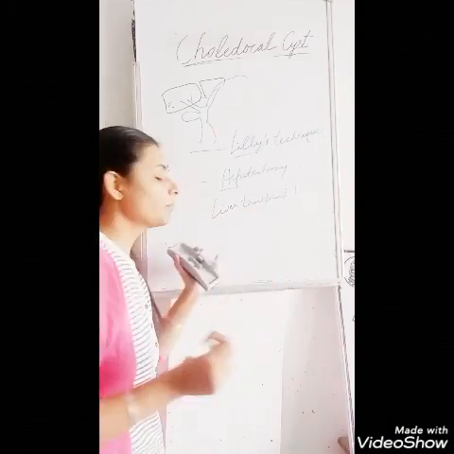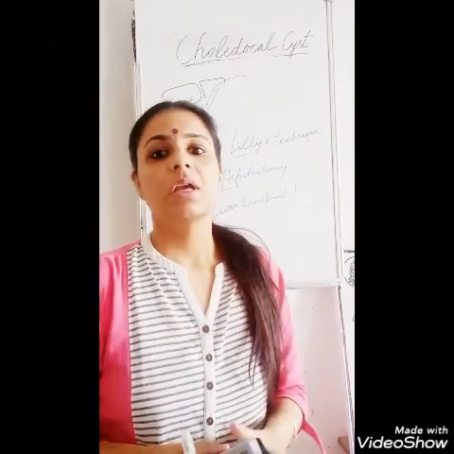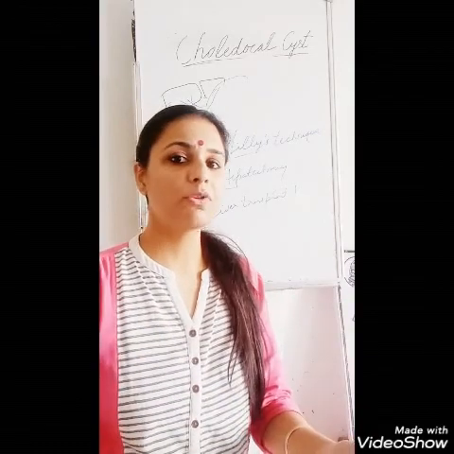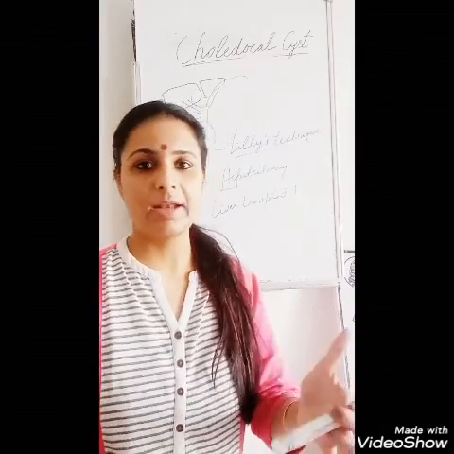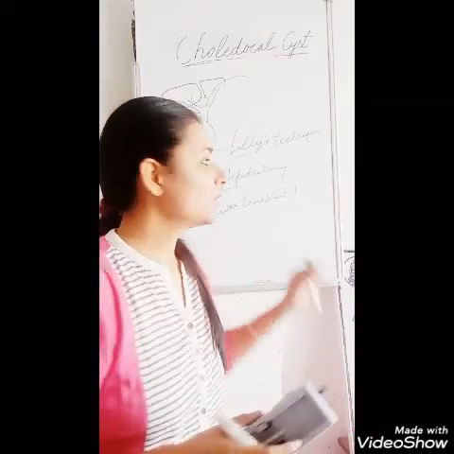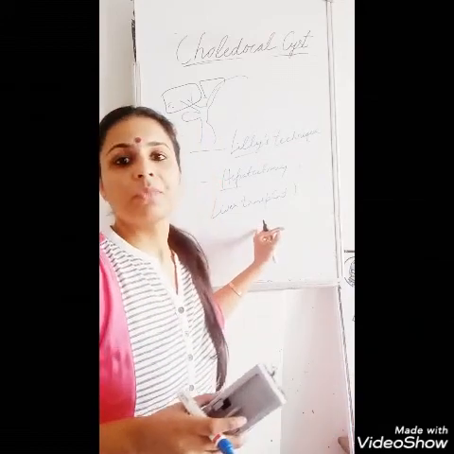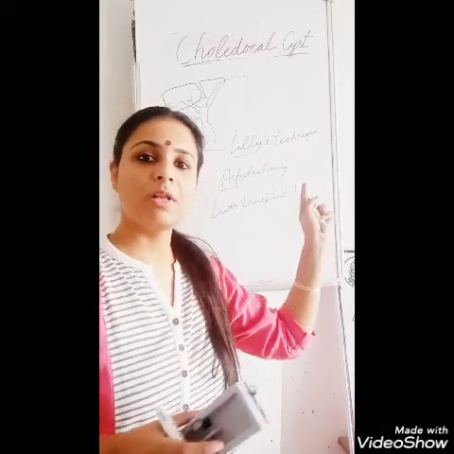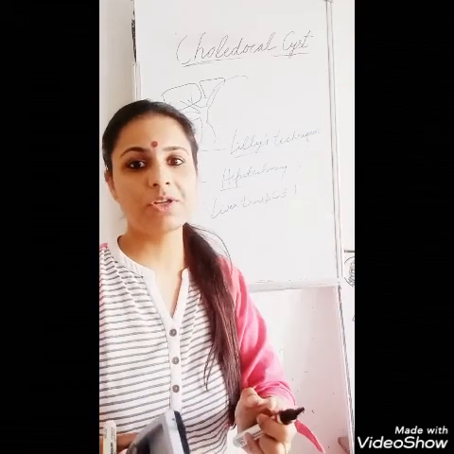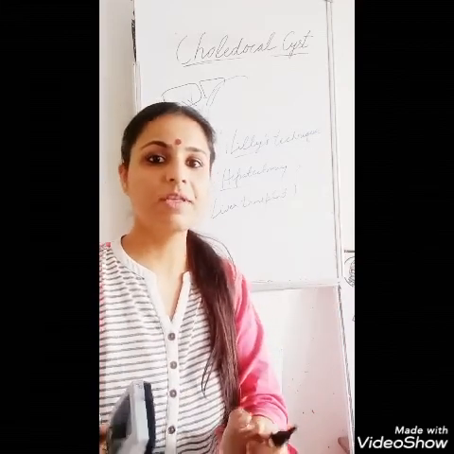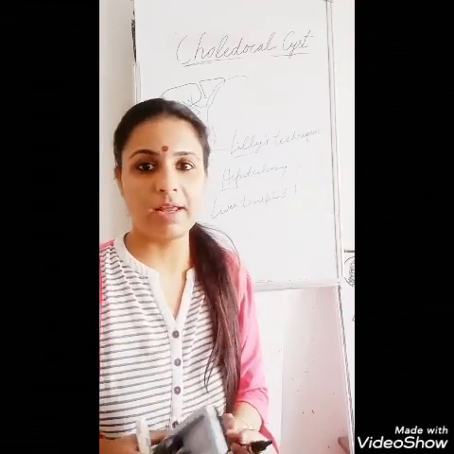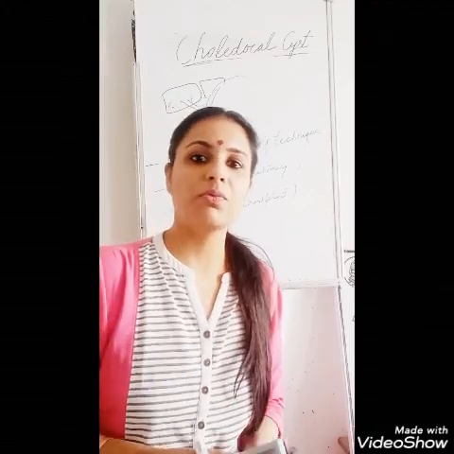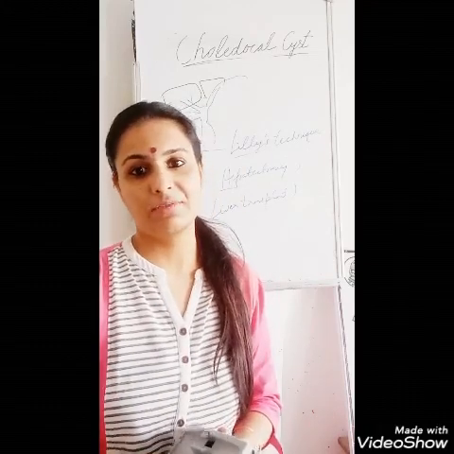So if there are multiple cysts present and it is not possible to remove each dilatation, we will do liver transplant. In the fifth type of choledochal cyst, I have already mentioned, that is Caroli disease, where the intrahepatic dilatations occur. We will go for the hepatectomy and the liver transplant.